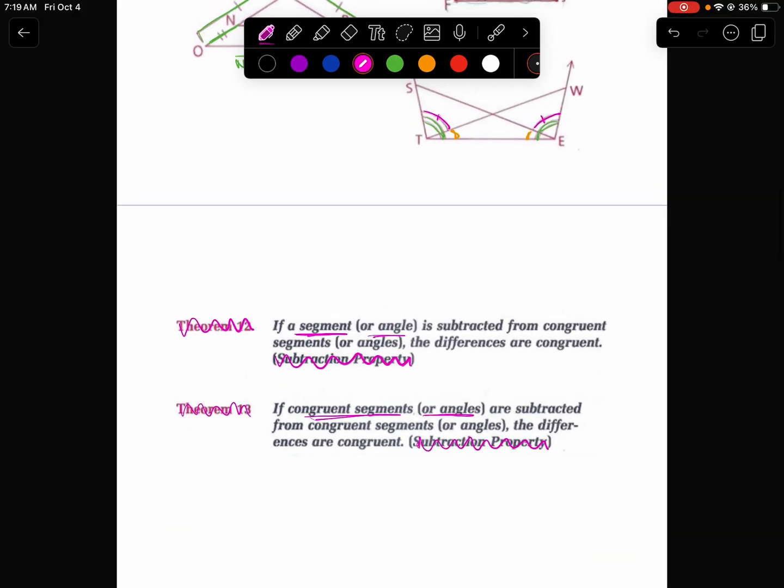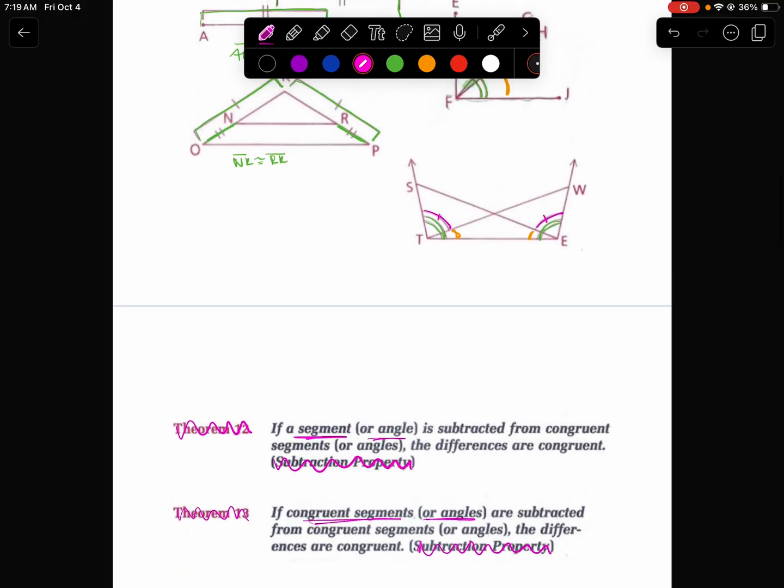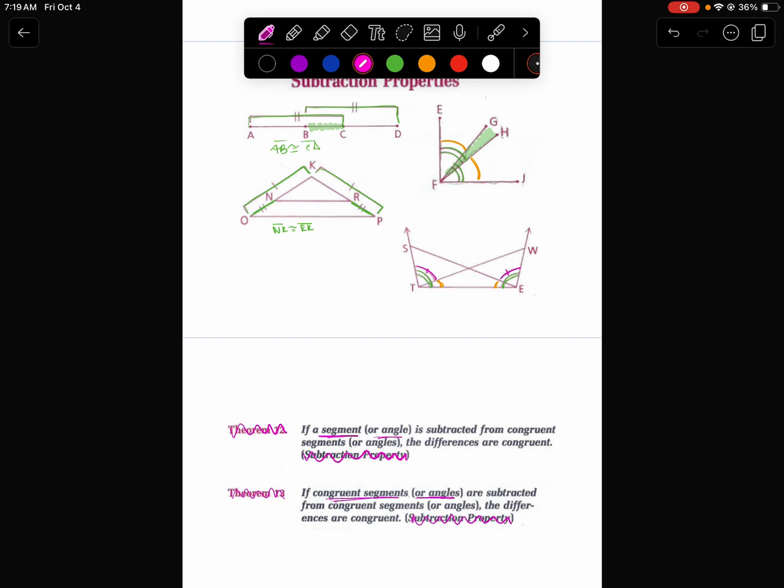I'm going to make this a little bit smaller so I can get the picture. So this right here: if a segment is subtracted from two congruent segments, the differences are congruent.